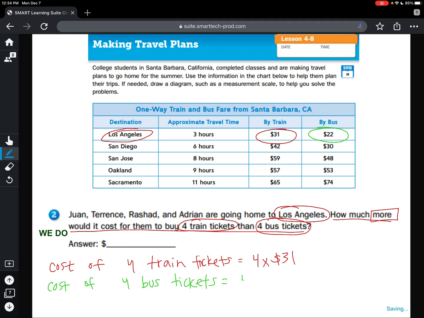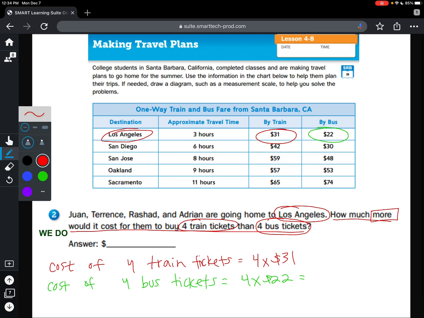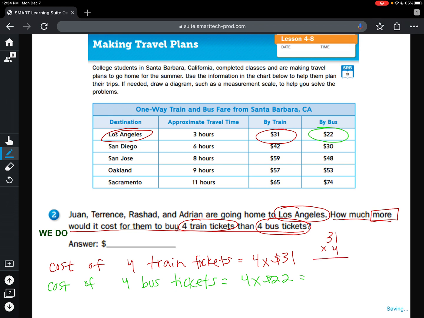So how am I going to find that out? 4 times 22. Go ahead and see if you can solve those 2 equations on your own. 31 times 4.